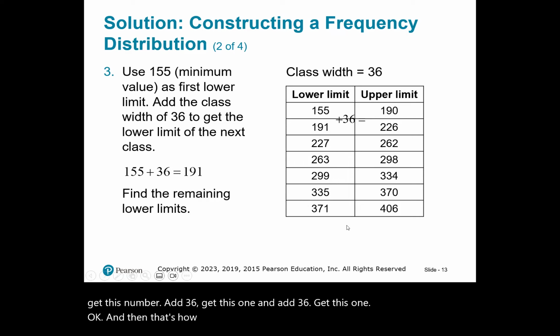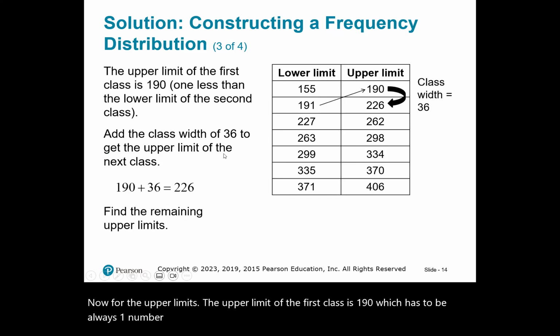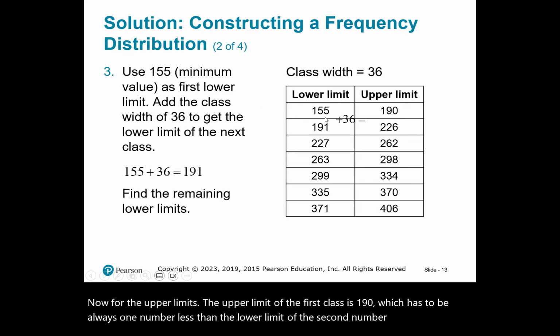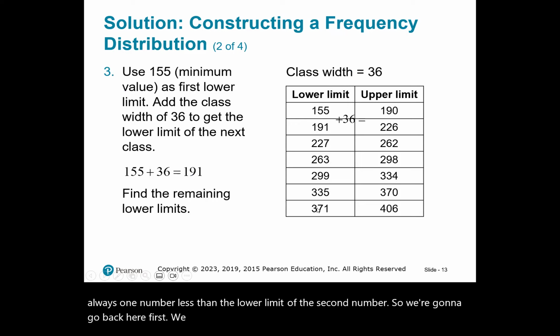Now, for the upper limits, the upper limit of the first class is 190, which has to be always one number less than the lower limit of the second class. So we're going to go back here. First, we just fill in this first column. And then because the second class needs to start with 191, the first class upper limit needs to be 190.